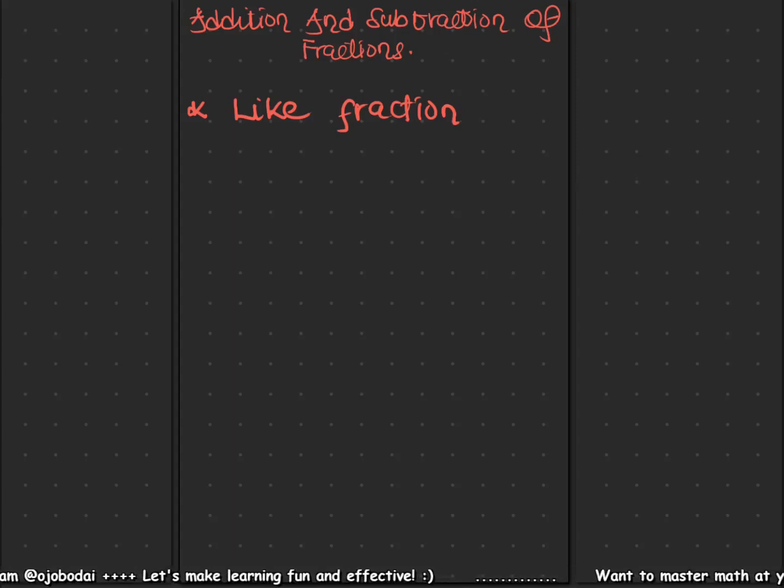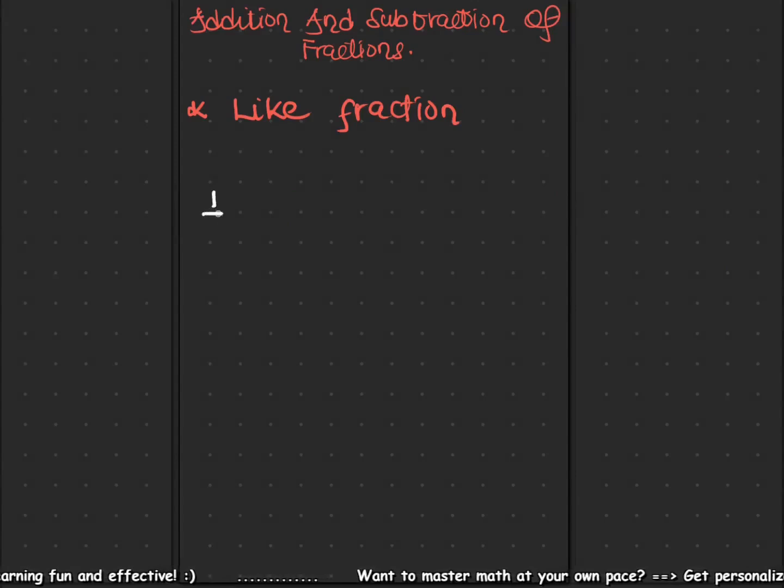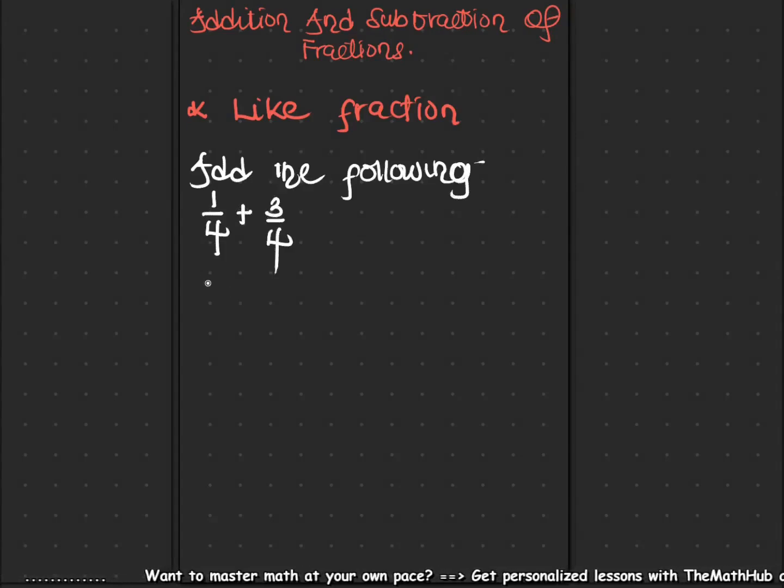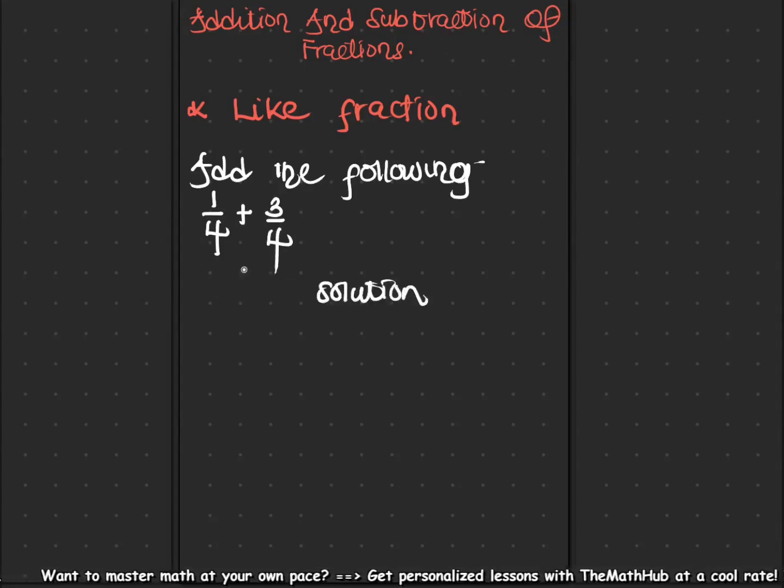All we do is deal with whatever we have as the numerators. Let's take an example to illustrate what we are talking about. If you want to add 1 over 4 to 3 over 4, you see these two fractions are like fractions. So we just go straightforward.